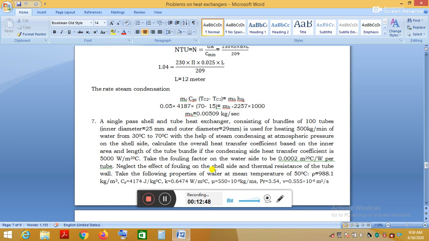It remains the same, and the steam is flowing through the outer shell. He has given steam condensing at atmospheric pressure on the shell side. Shell side is nothing but the outer tube, and the water is flowing through the inner tube of diameter 25 mm.